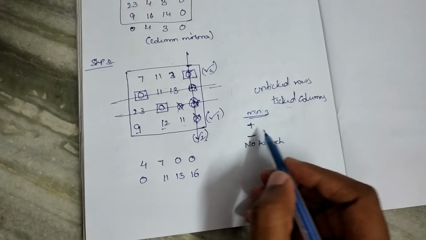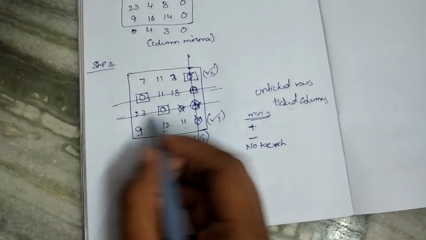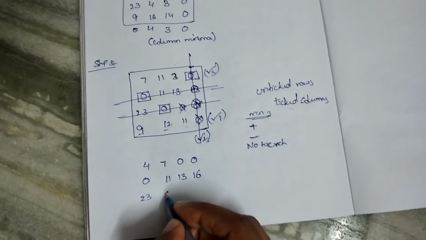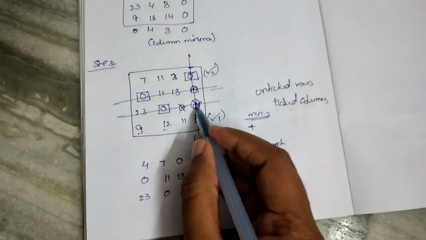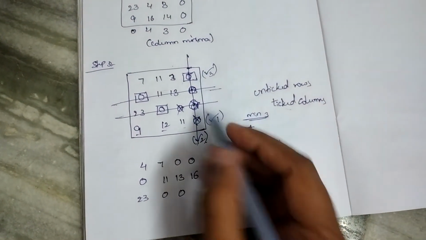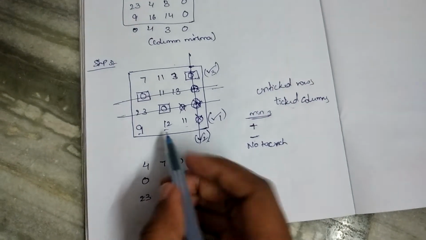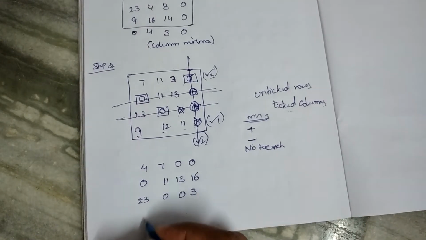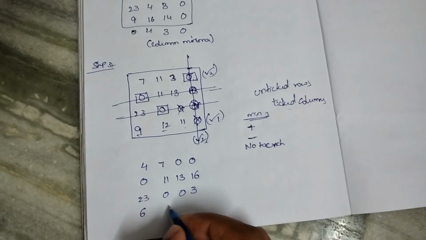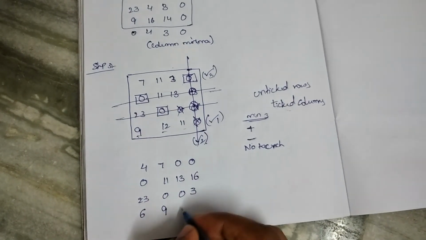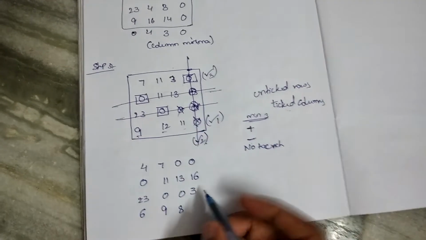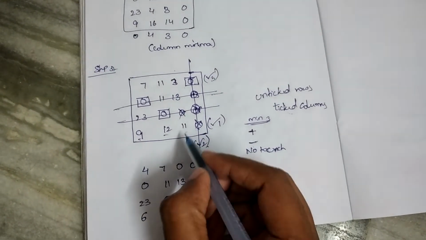Then we don't need to touch the 3, 0, 0. Before that we have 0, so we add 3. Then coming to 9, 9 minus 3, 6. 12 minus 3, 9. 11 minus 3, 8. And we need not touch 0 here.